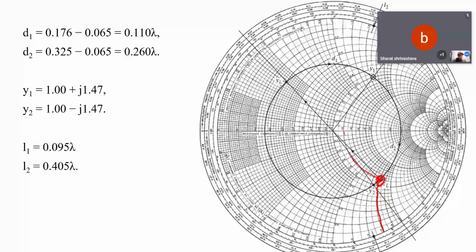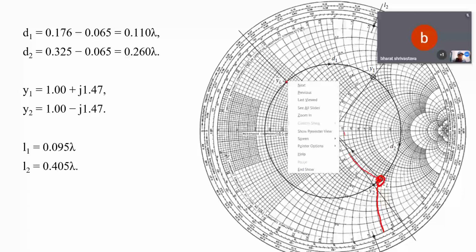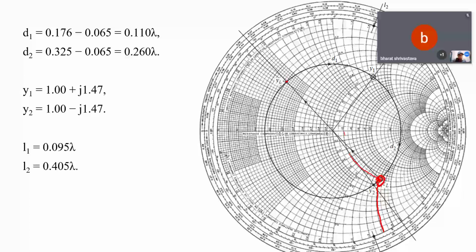For solving this problem, as we know the load impedance is residing inside this unit resistance circle. So we will first find out the value of admittance.